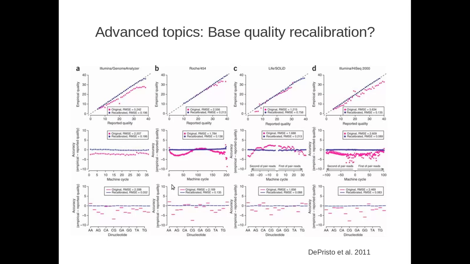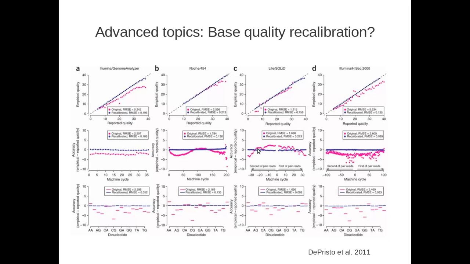The point is that the base qualities coming out of the box after they come off the Illumina are not calibrated appropriately. Those biases vary based upon different features of the data, like sequence context and machine cycle. And the important thing to know is that in order to come up with high quality data, we need to adjust those error probabilities.